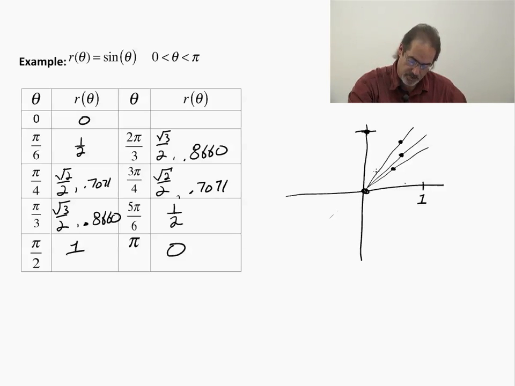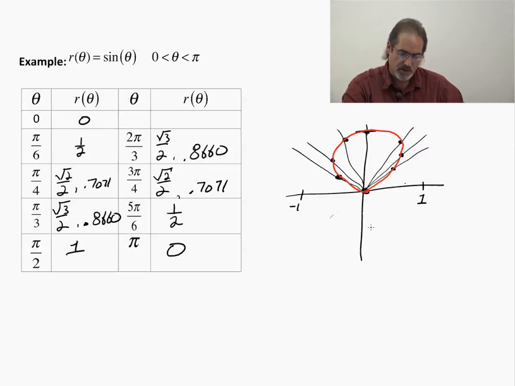And then I'm back at roughly 0.8, here, here, and here roughly. Then at roughly 0.7, again at a half, and back at 0. So what do we get? We got a circle. So for r of theta equals sine theta, I'm going to get a circle for theta between 0 and pi.